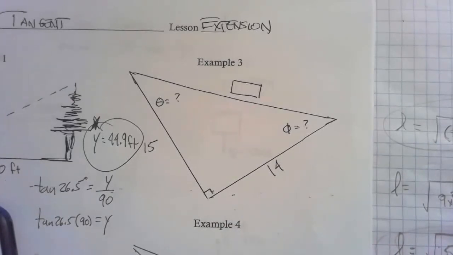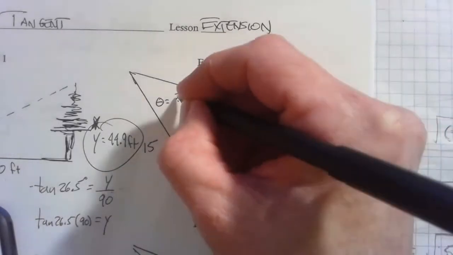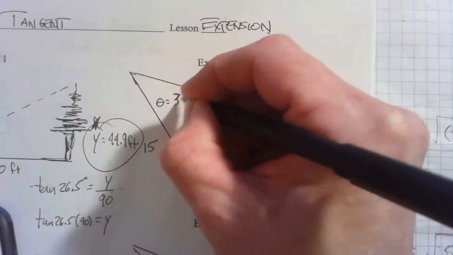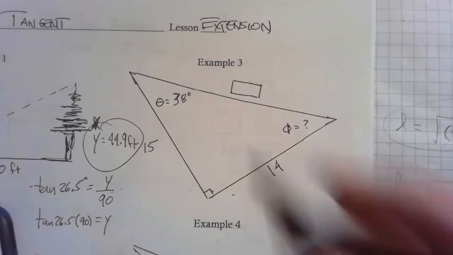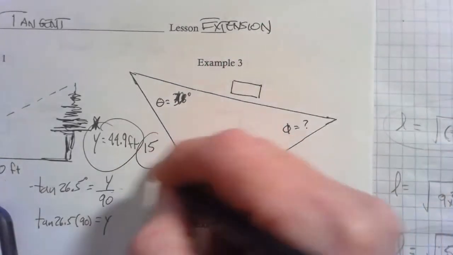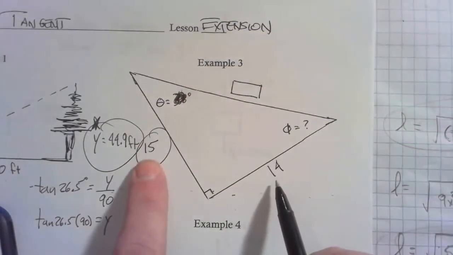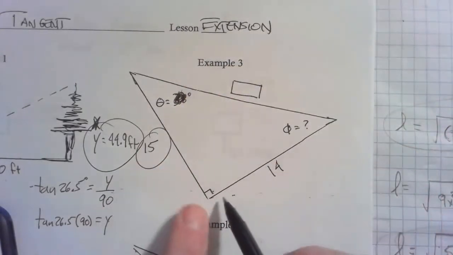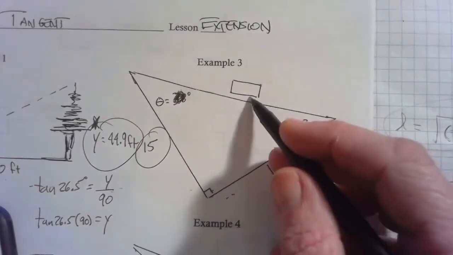My apologies. Oh no, I did. I didn't know this angle. I missed this is the side I gave you. So we don't know this angle. So I have these two sides, the two legs of the right triangle. I don't have the hypotenuse.